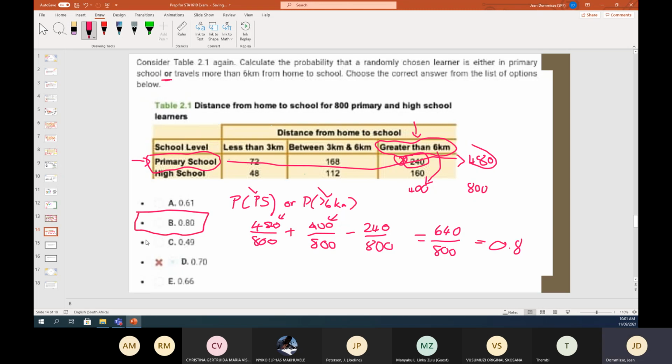So when we do the OR, it is important that we need to subtract the AND, so that you can get your answer.